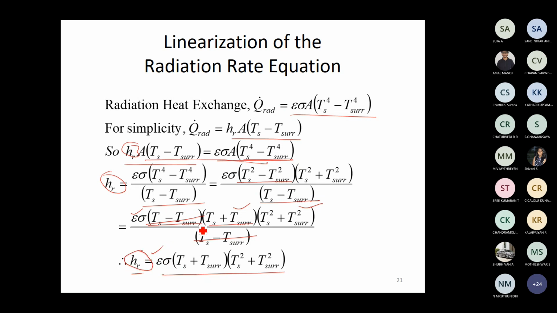Once I have this radiative heat transfer coefficient, I can use it in this equation to easily evaluate the radiative heat transfer rather than use this equation, because this equation is non-linear and it makes me uncomfortable. So this is one way of making this equation less non-linear.